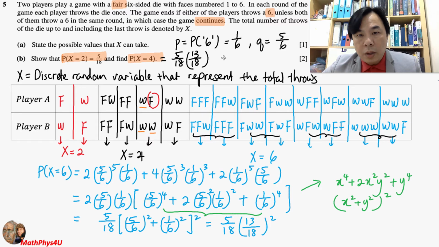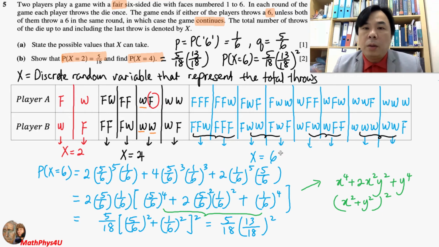And then now we have discovered X=6, which is 5 over 18 times 13 over 18 squared. Alright. Okay, I'm going to pause here. I'm going to proceed on to question C shortly.